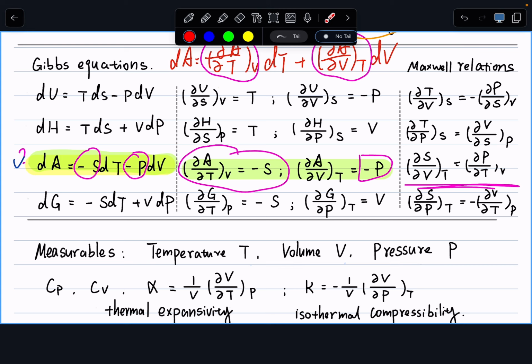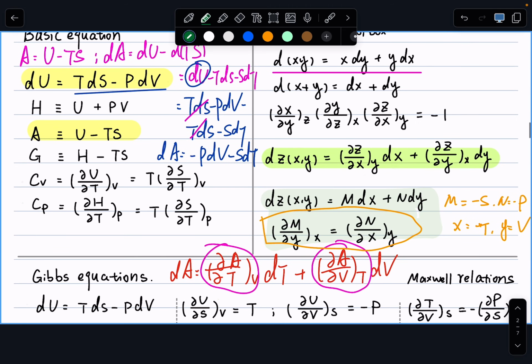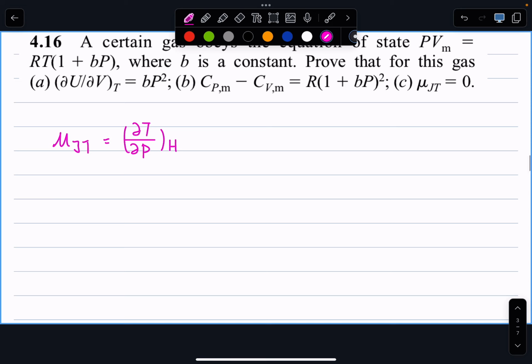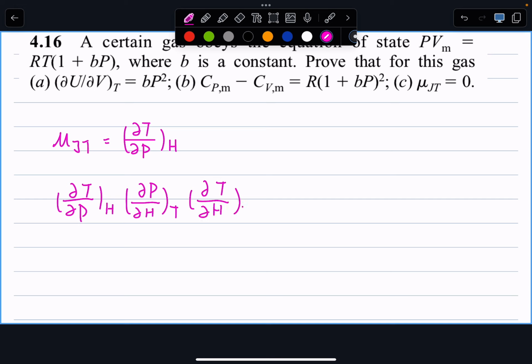Typically, whenever we have three variables linked together, remember, we can always use this one to link the three variables together, or to link the partial differential equations together. In this question, what we're doing is we're writing dT over dP at constant enthalpy times dP over dH at constant temperature times dH over dT at constant pressure. That gives me -1.